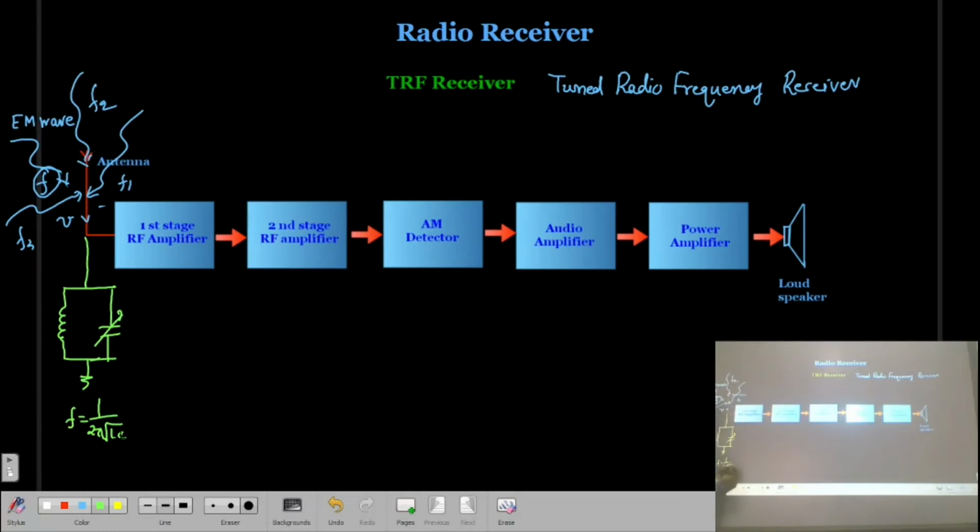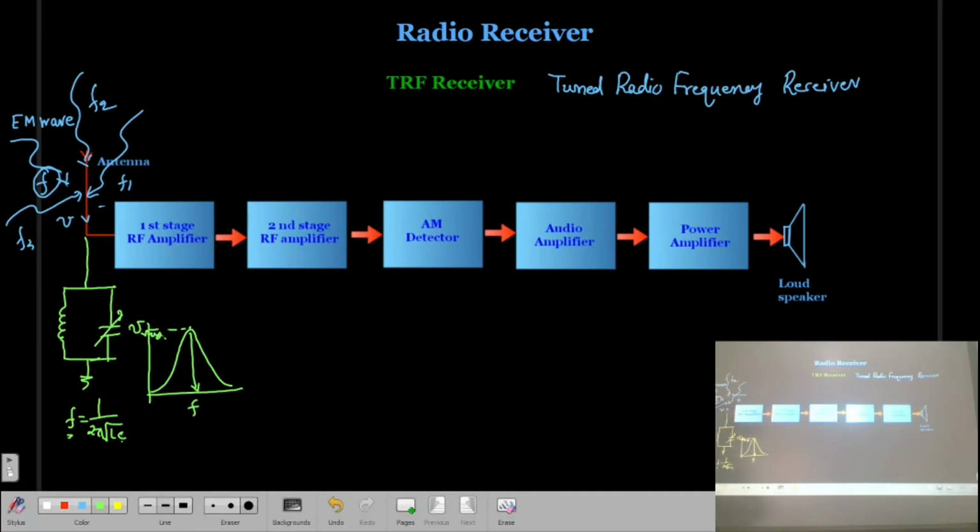So for a particular value of the capacitor, the resonance frequency F will be there, and for that frequency, the maximum voltage will be induced. Already you know the characteristics of the parallel resonance, that for this particular frequency F, we have a maximum voltage.